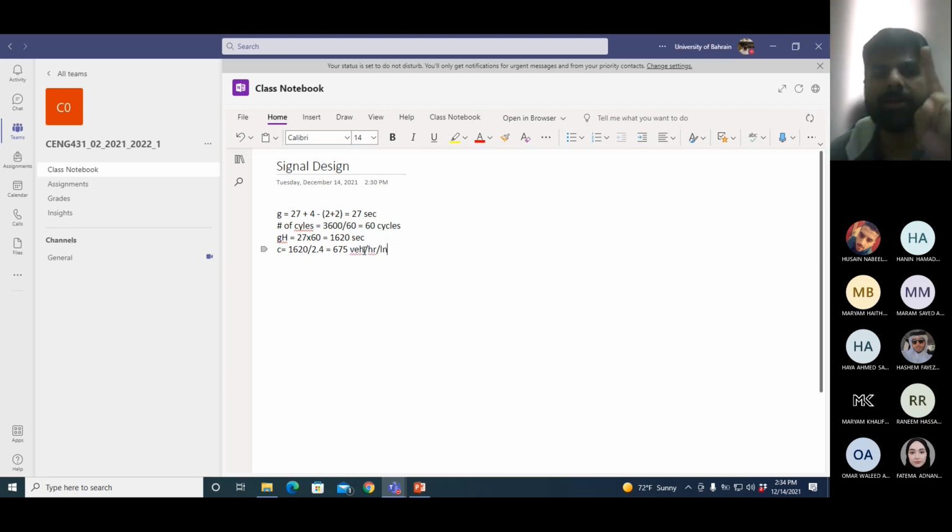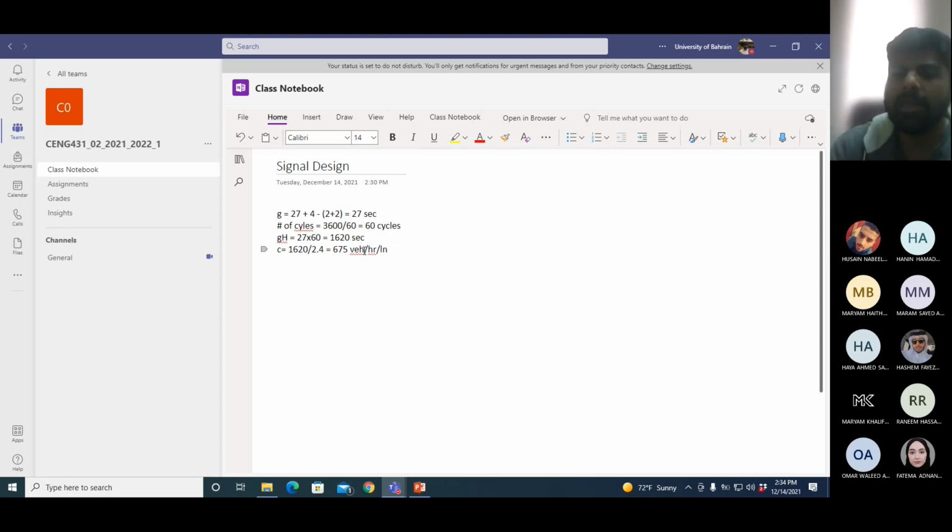Then I calculated how many cycles I can have in 1 hour. Then I multiplied these two to calculate total effective green time in the entire hour. Then I divided by the interval at which cars move during effective green time, that is saturation headway, to get how many cars can move, which is 675. This is one approach of solving this example.